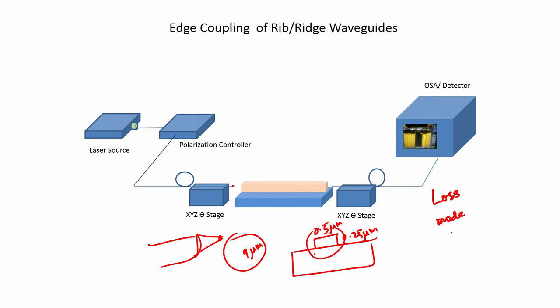In case we want to study the properties of this waveguide with operating wavelength, then we need to have a tunable laser source, and an optical spectrum analyzer is a very versatile device which can be used to display the whole spectrum of light that is coming out of this. Otherwise, it is also possible to have a conventional screen to image the beam coming out of this. For example, we can observe the mode spot on a screen and correlate this with the properties of the modes in the optical waveguide.